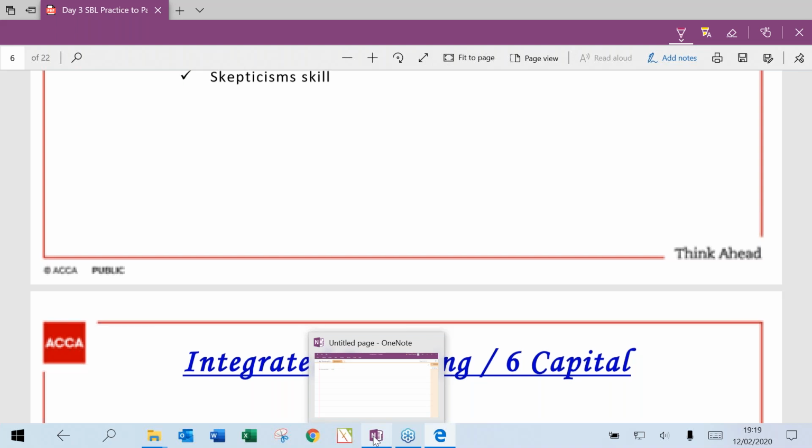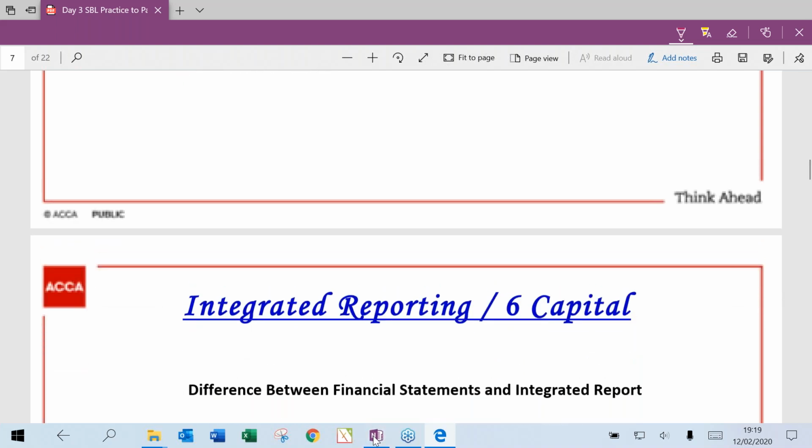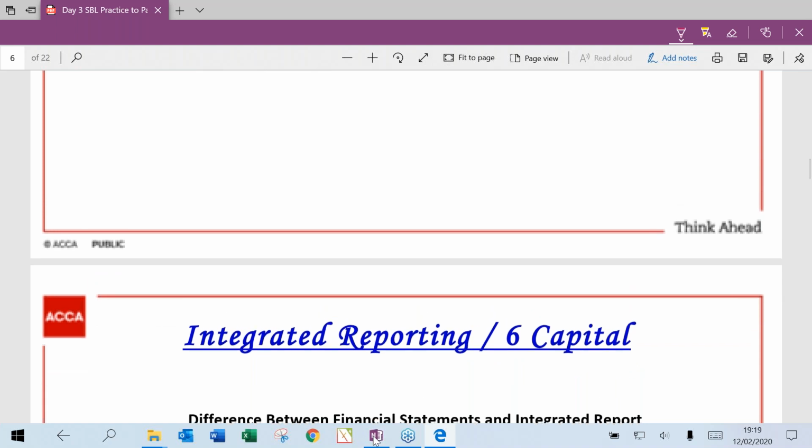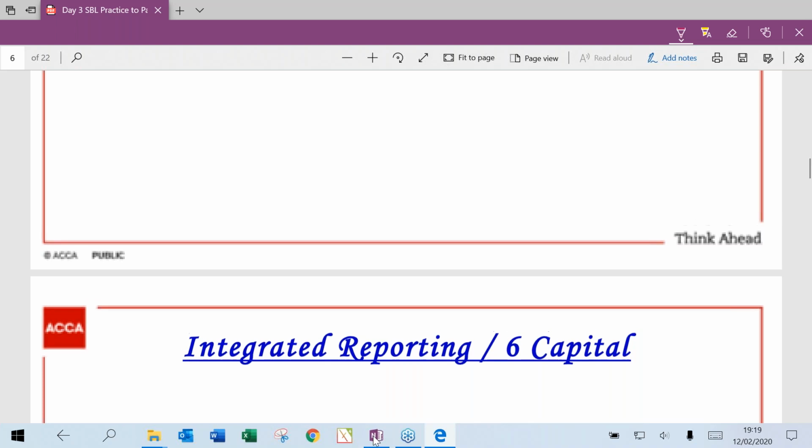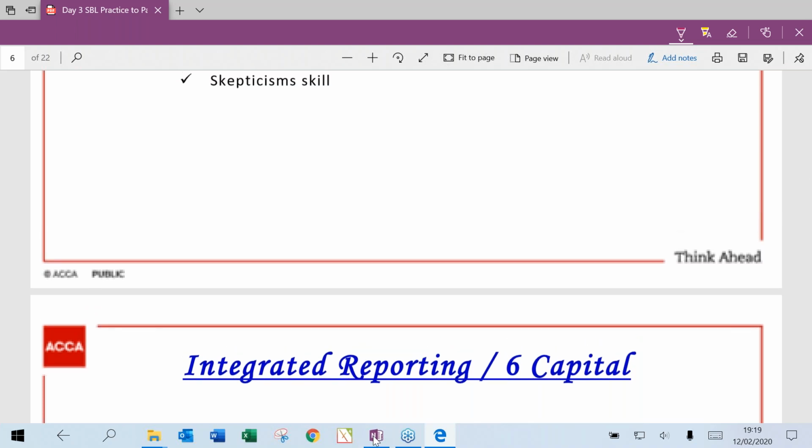But then there are certain limitations of financial statements. Do you know that? Can you guys think of at least two limitations of financial statements?